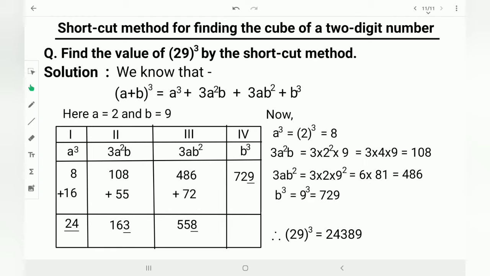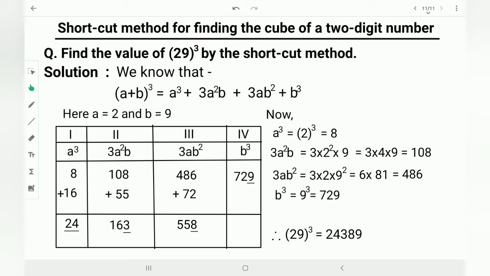I have taken values of these all 4 terms from here and written below each term. A cube is equal to 8, 3a square b is equal to 108, 3ab square is equal to 486 and b cube is equal to 729.